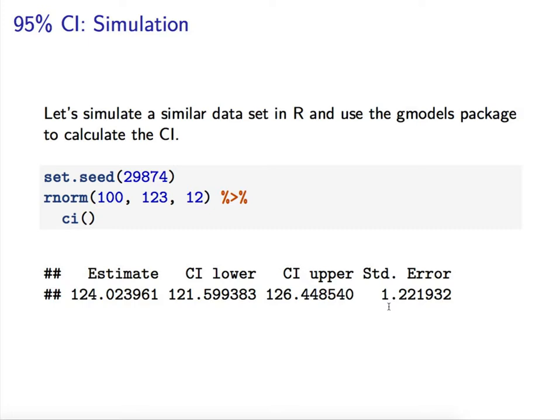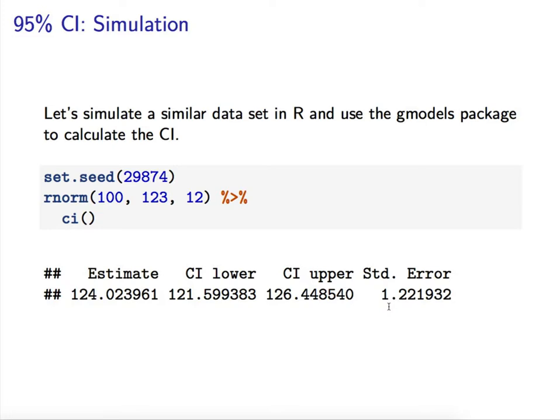Now, let's go ahead and simulate a sample from this distribution in R. We're going to use the CI function from the gmodels package to do this. So let's go ahead and set a random seed for the random number generator so we can get a consistent result each time.